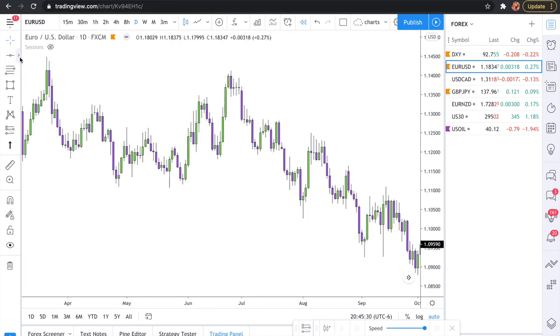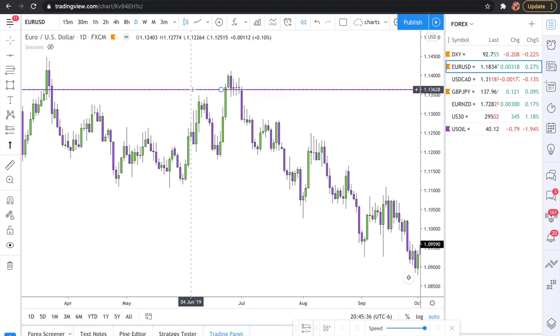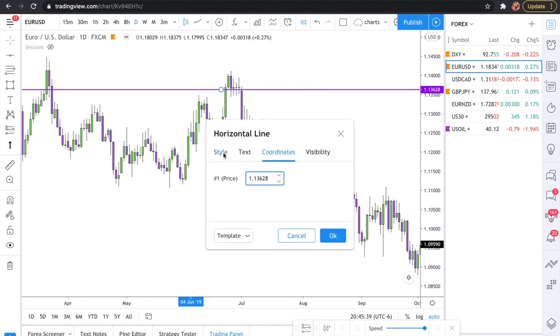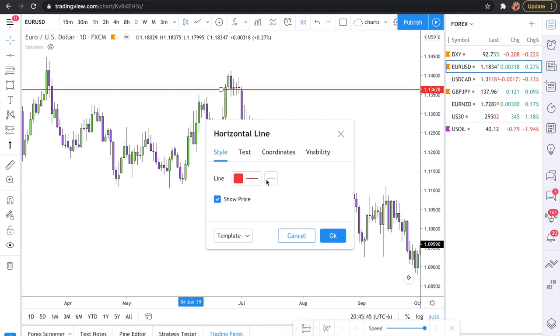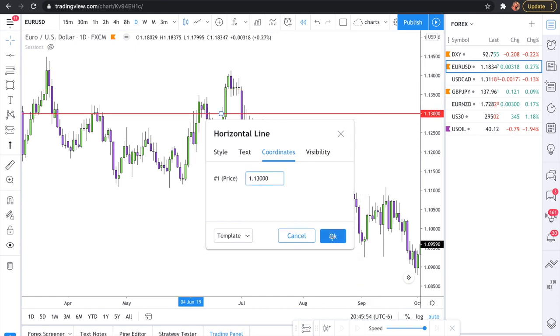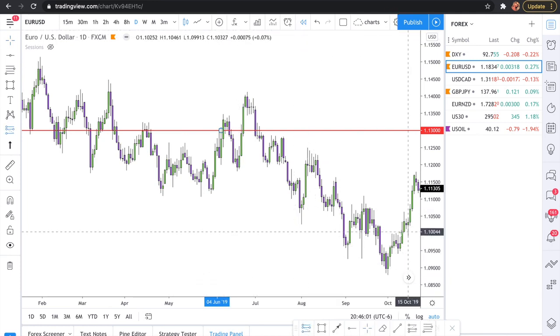So for example, I'll show you. We're going to start with the zeros, okay? So we'll use red. We will start with 113. What I'm going to do is back this up a little bit so we don't have too much price action happening here.